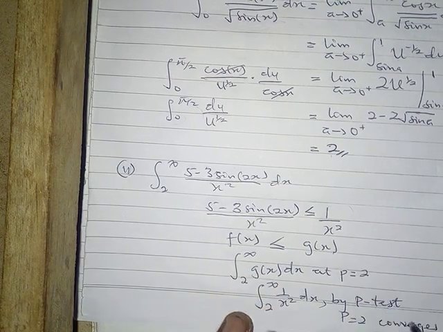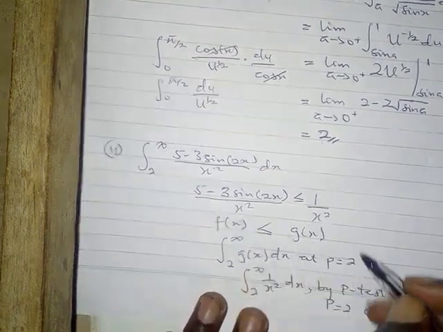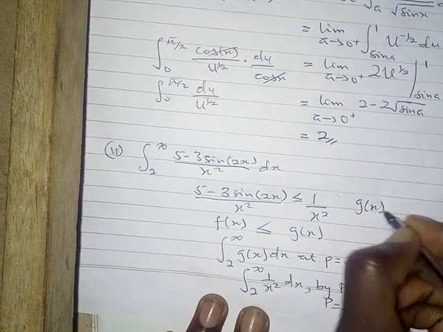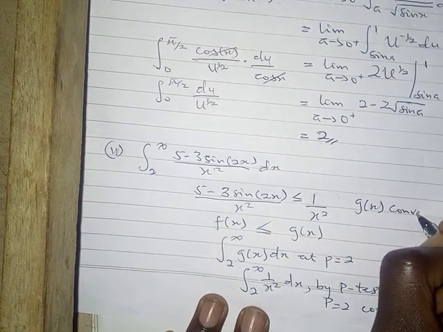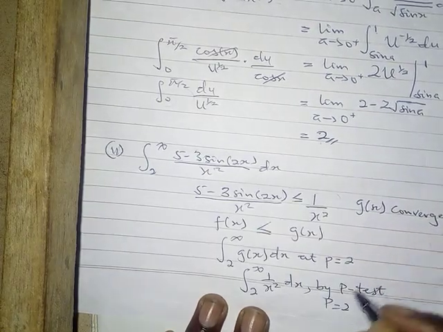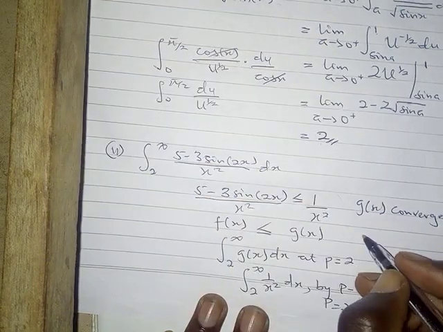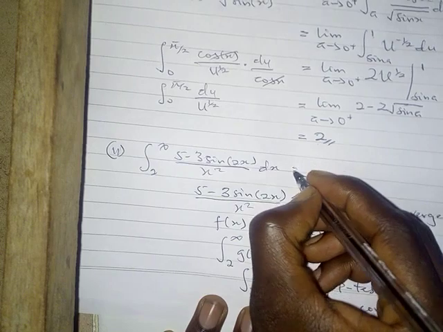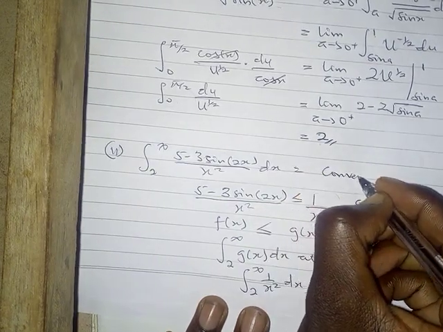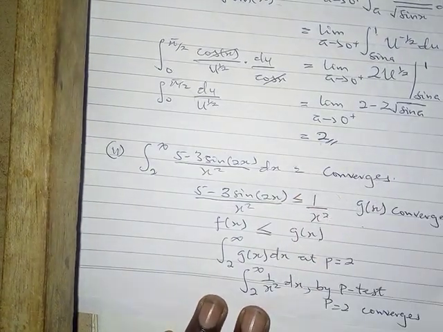And since g of x converges, it means that the whole integral also converges. Alright, so that ends the solution for today's examples. Thank you for watching. Bye.